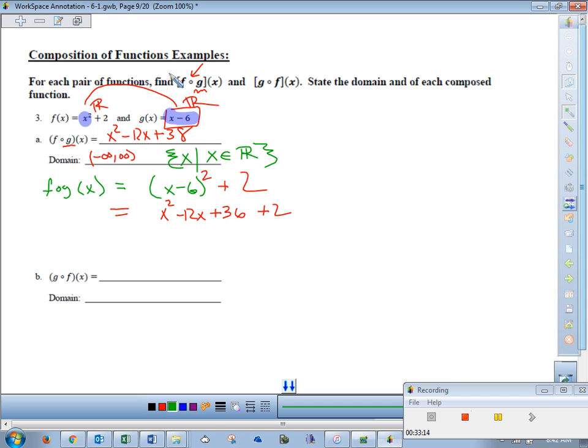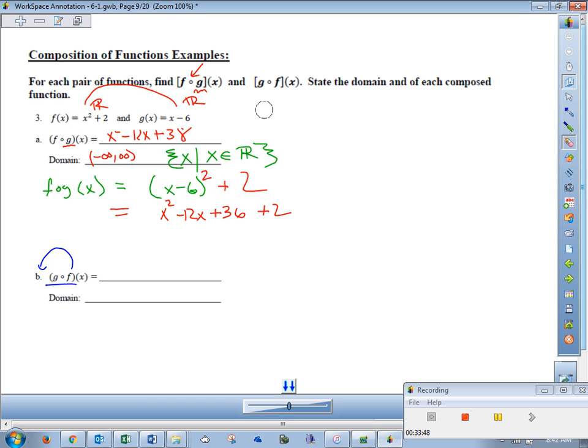Didn't we put g into f, right? Now check this out. This is g of f of x, completely backwards. Who goes into who? Should g go into f, or should f go into g? F goes into g, right? Reading inside out, if you will. So it's like I start over, and this has to go in for x into that one. Right?